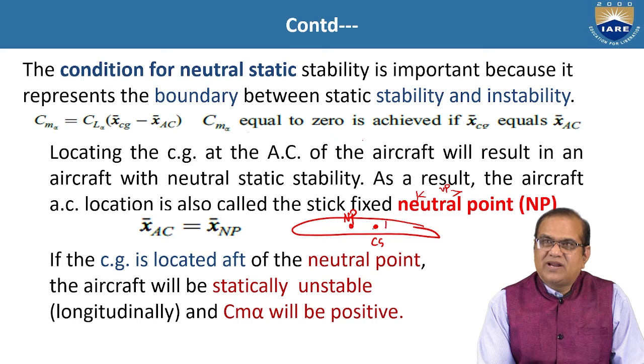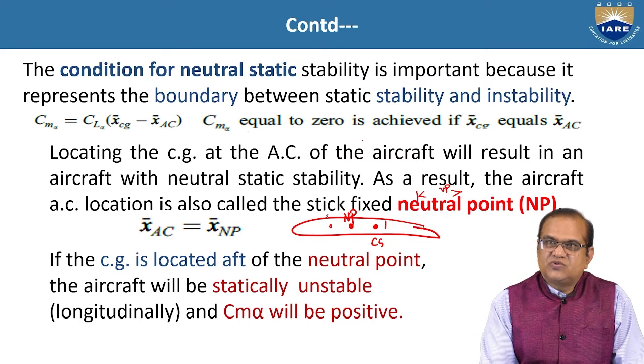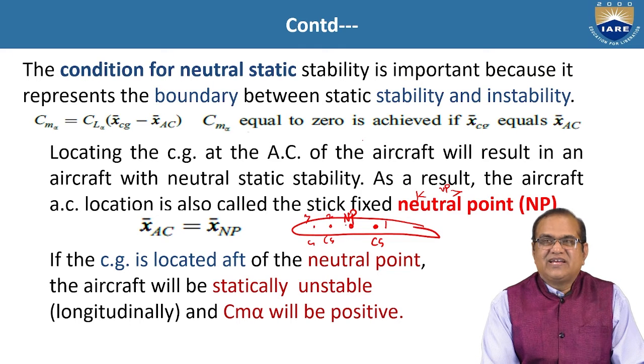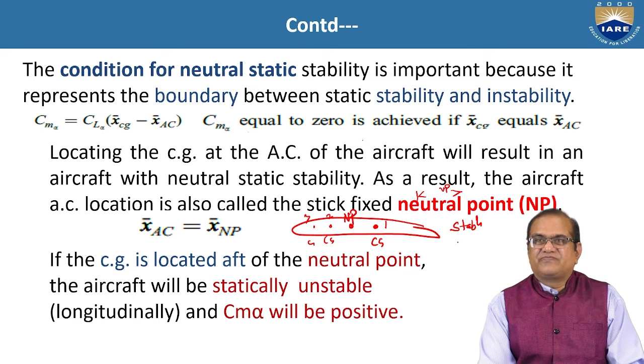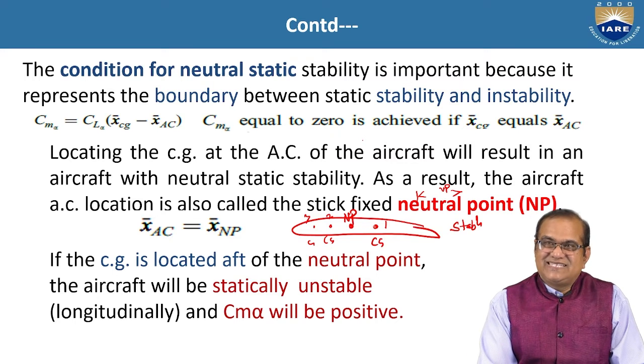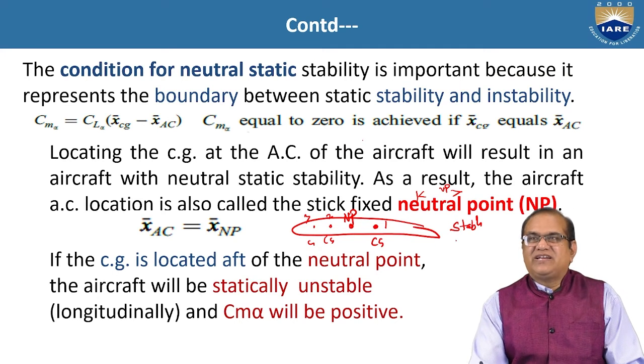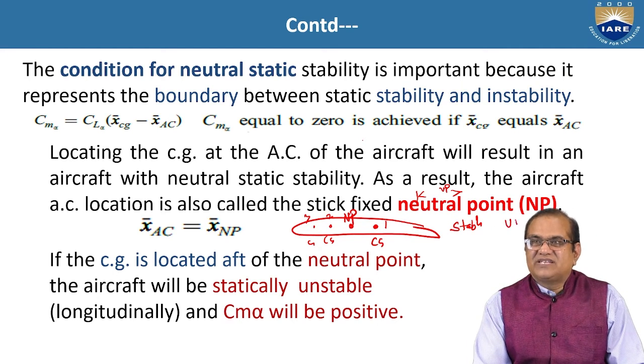Here is 1, here is 2, and here is 3. So this is the CG position. If the CG is ahead of the neutral point, the aircraft will be stable. And if the CG is behind the neutral point, the aircraft will be unstable.